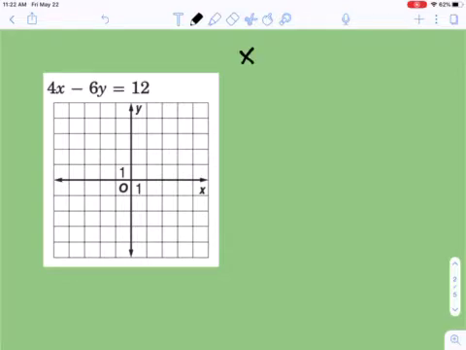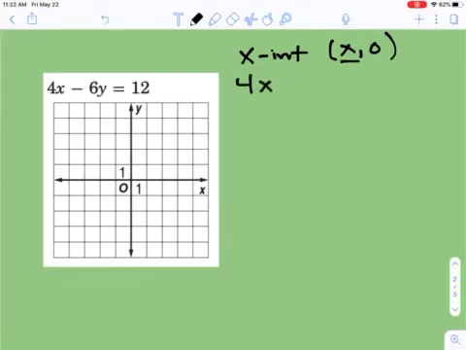Let's start with trying to find our x-intercept. I like to do x first because it comes first in the alphabet. So x-intercept means I'm going to have the point (x, 0), and we just have to figure out what x is.